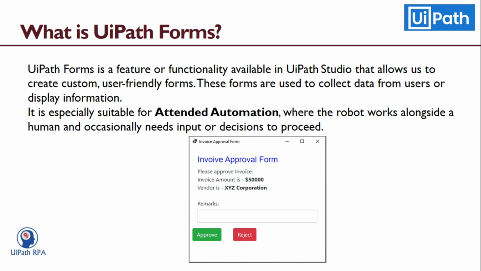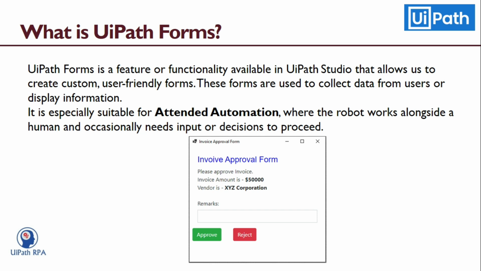With this, you can have a text field on the UI form to type something like your name or any other details. You will have buttons like submit, approve, reject, reset. You can have drop-down menus, checkboxes, date time pickers, and many more.